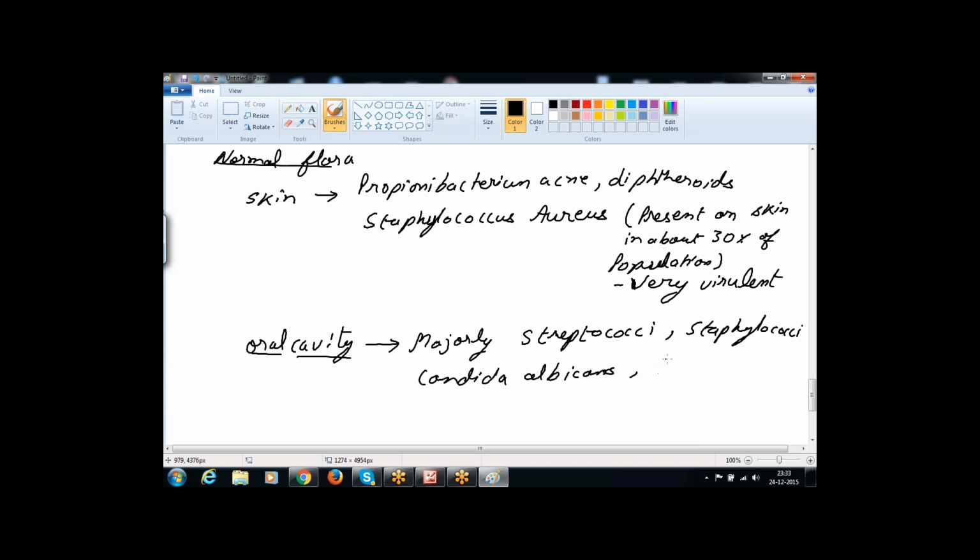Candida causes candidiasis only if the patient's immunity is compromised. In a healthy person with normal, vibrant immunity, no fungi can cause diseases. Fungi cause infections only if the person is immunocompromised. Due to some reason, the immune level is low.